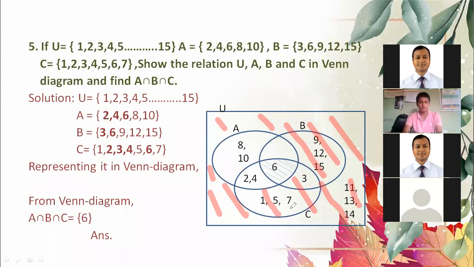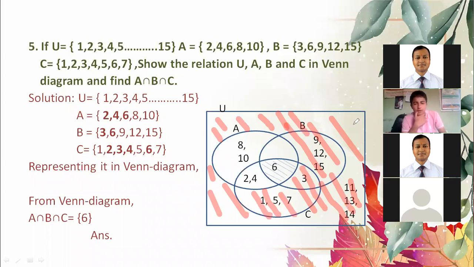After writing all the elements outside of these, A complement comes. Just look at this red shadow only. Don't look at the previous shadow, look only at the red shadow outside.